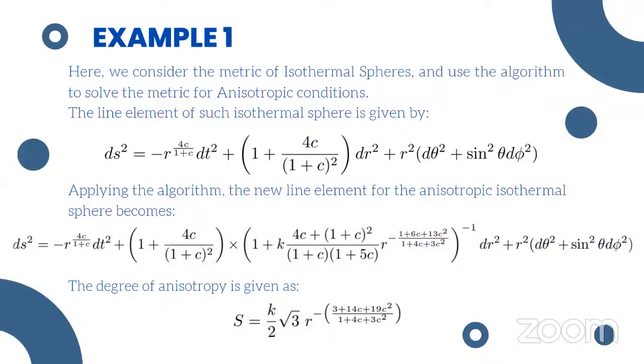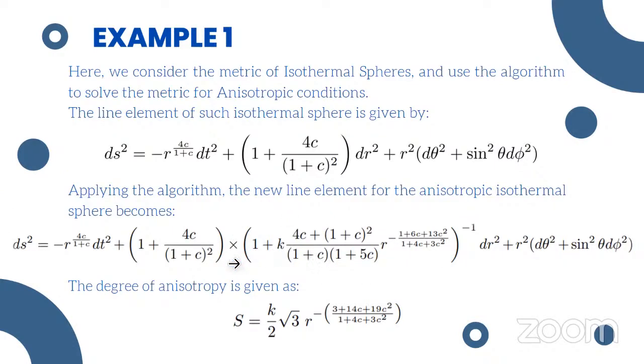Now, when we apply our previously mentioned algorithm on this line element, the anisotropic effects also come into consideration. And the new line element for the anisotropic isothermal sphere thus becomes like this, the second expression that you can see.